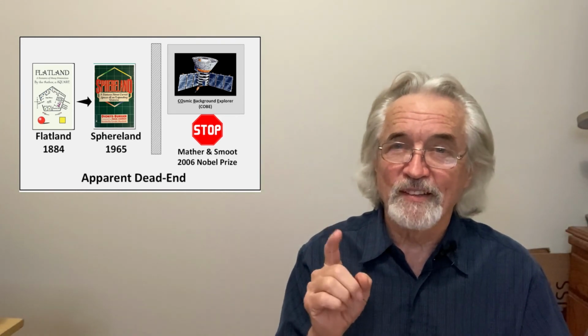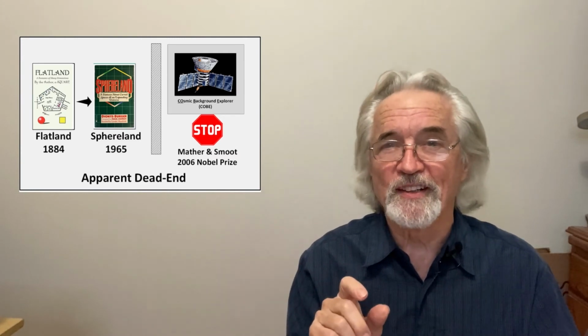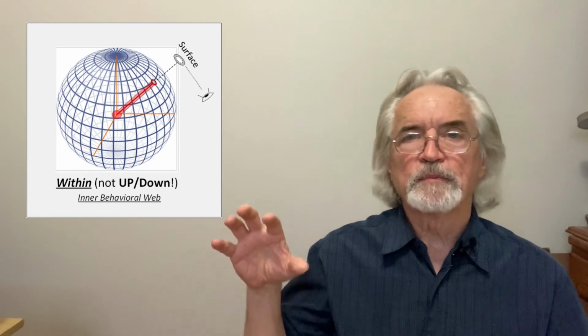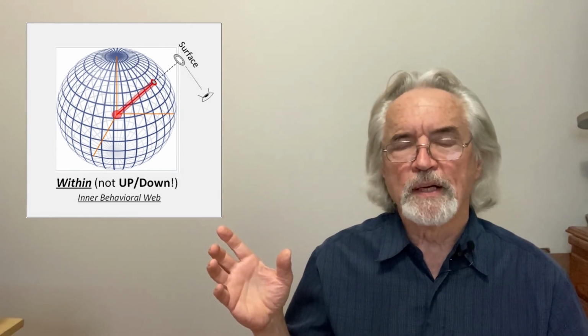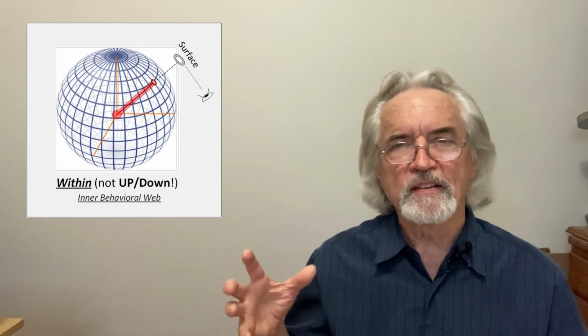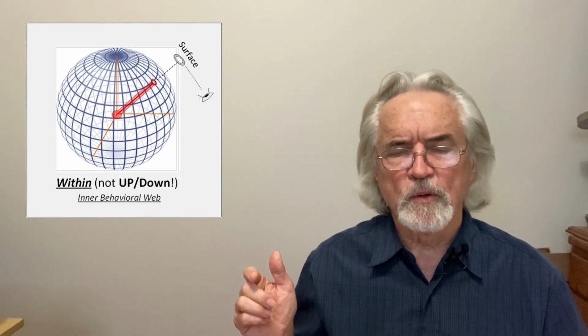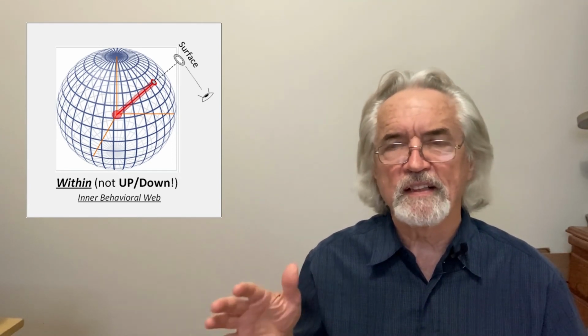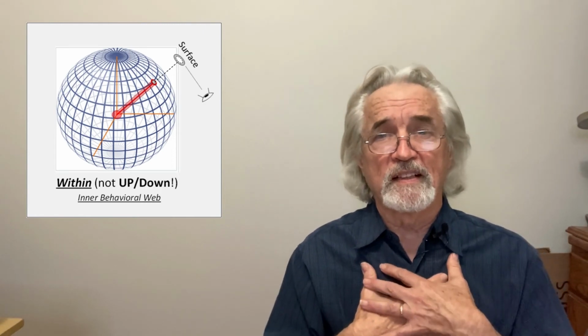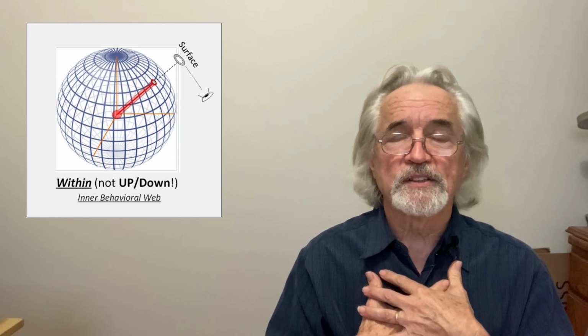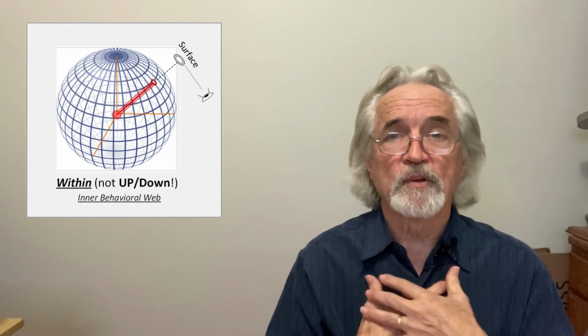But there is a little twist to the story. So here you see that same sphere of Sphereland. But it's pretty obvious when you look at it, wait, there's an inside there. That's an inside. And so a Flatlander, there's nothing that says he couldn't experience an inside like we do. We have an inner conscious behavior going on with us.